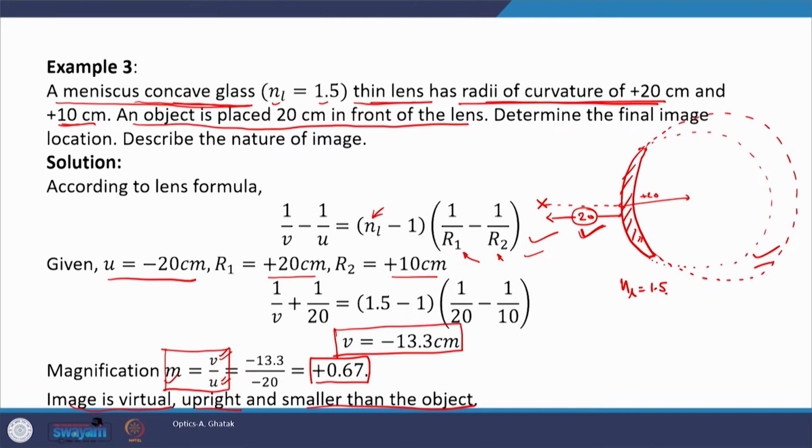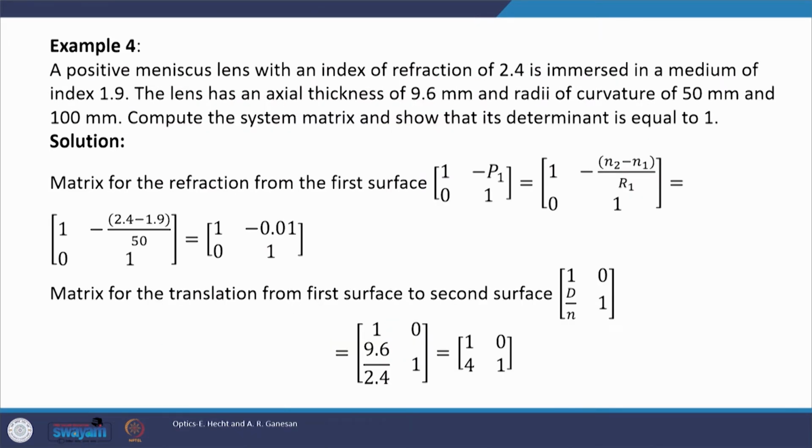Okay. Now, let us move to the next example, which is example number 4. The statement is as follows: a positive meniscus lens with an index of refraction of 2.4 is immersed in a medium of index 1.9.